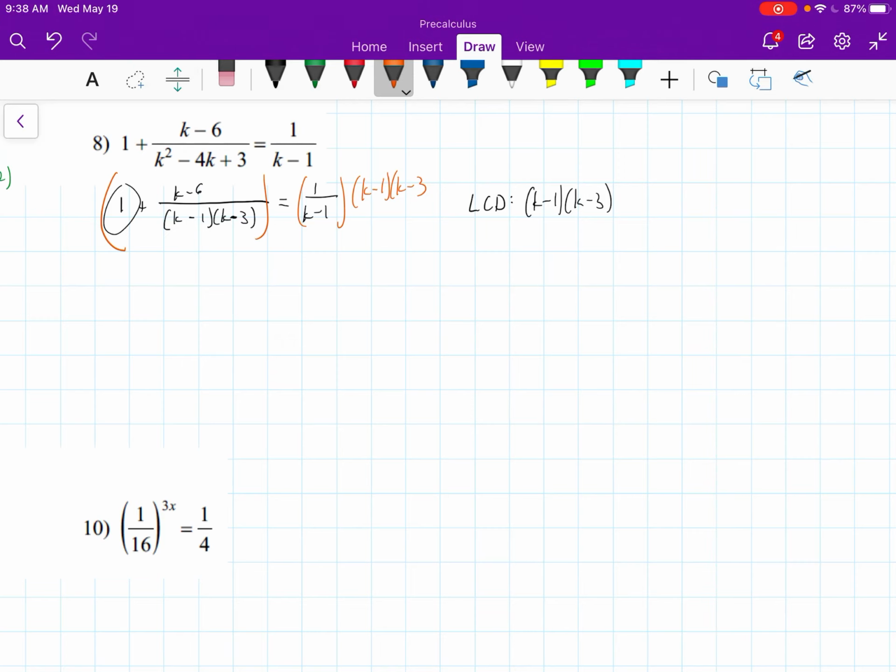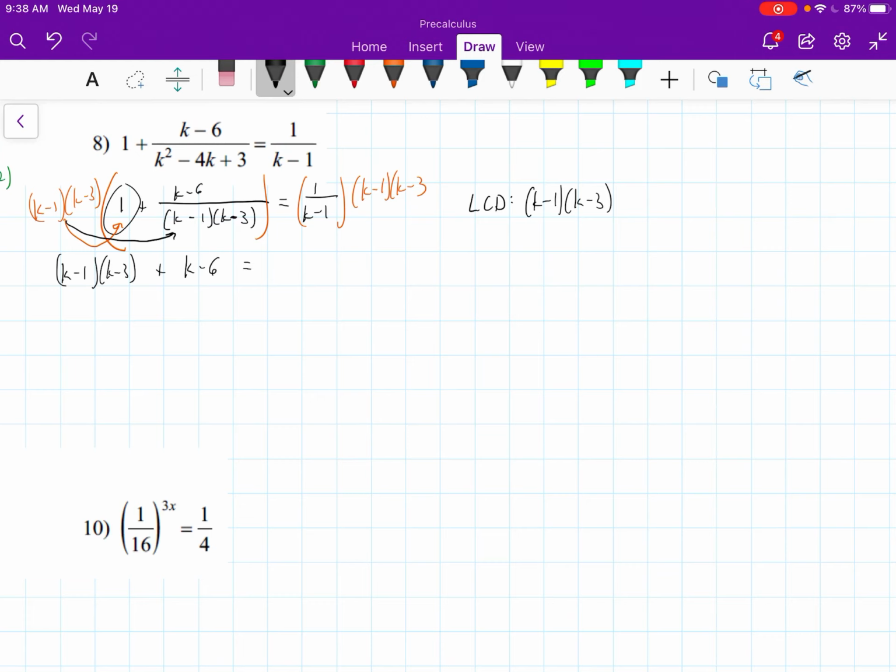On the left side, we have to put parentheses. All right, distributing, that just gets multiplied by 1, so it's the exact same thing. Anything times 1 is itself. Multiplying here, the denominator will cancel completely, so we have a k minus 6.